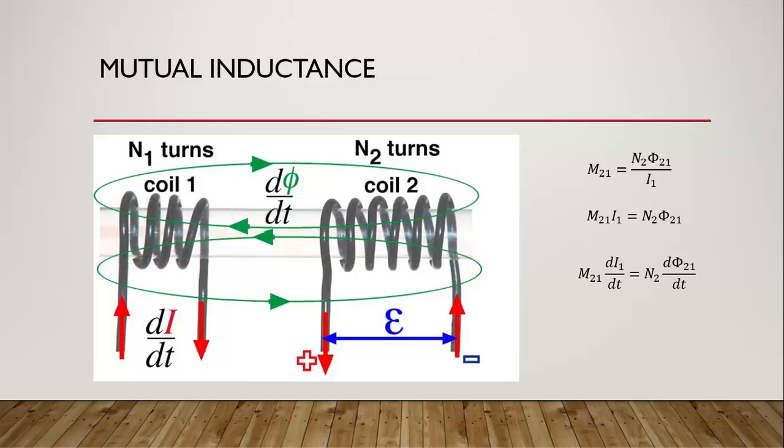Now if we wanted to figure out things about EMF, remember EMF is related to change in flux. So we could say the EMF produced in coil 2 by changing flux in coil 1 is related to the mutual inductance of 2 caused by 1 times the change in current in 1.